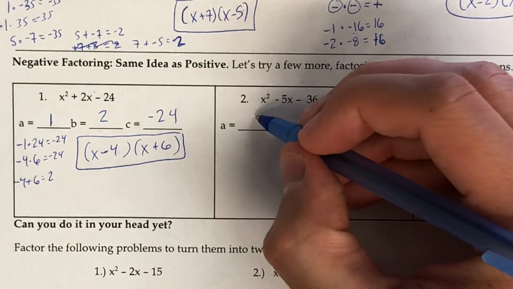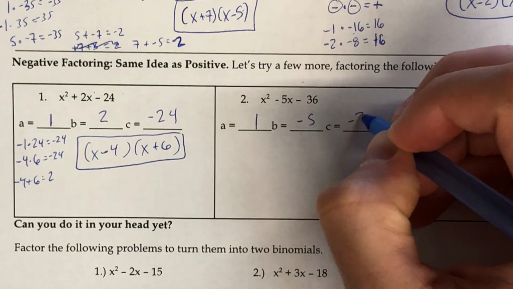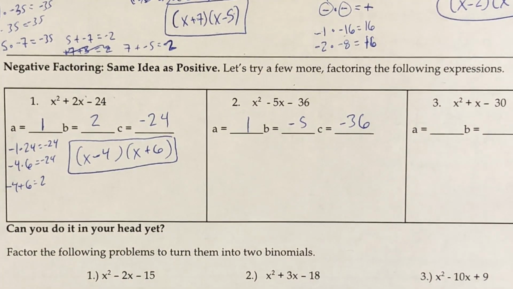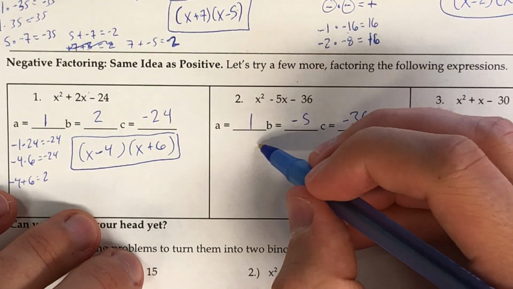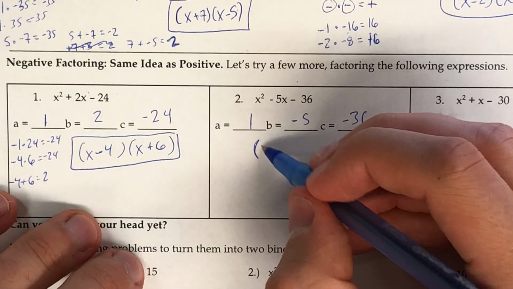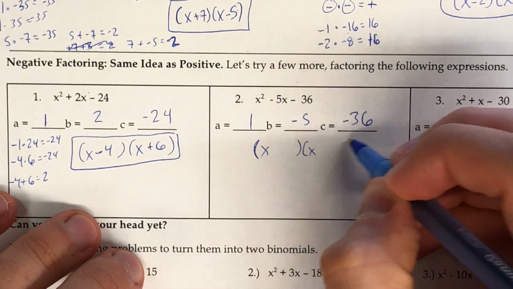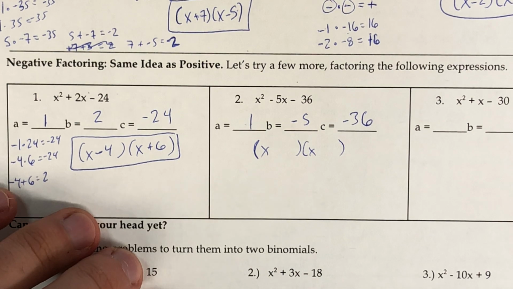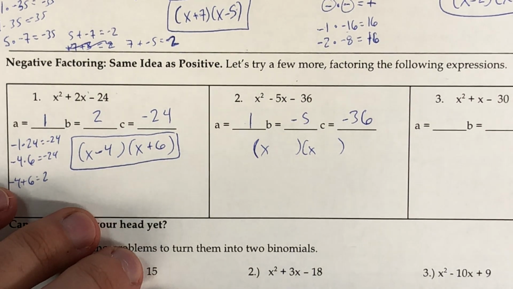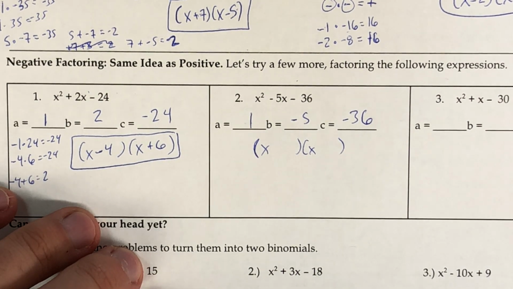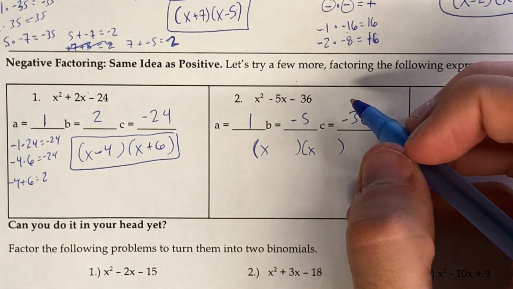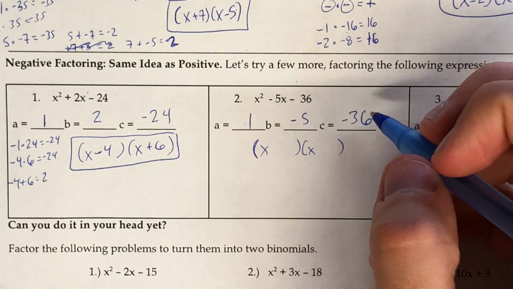Number 2, 1, negative 5, and negative 36. So we think what multiplies to negative 36 and adds to negative 5? And we can do this because our a is 1. It's got to multiply to a negative, add to a negative, so there's got to be a positive and a negative, with the negative value being larger, kind of in a way.